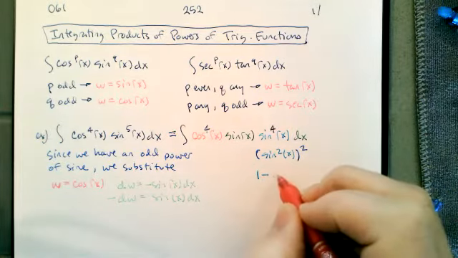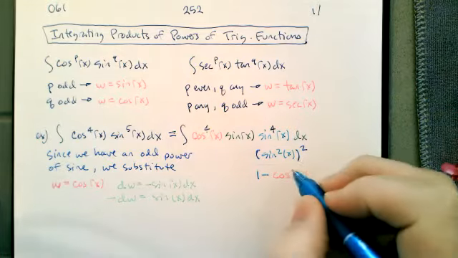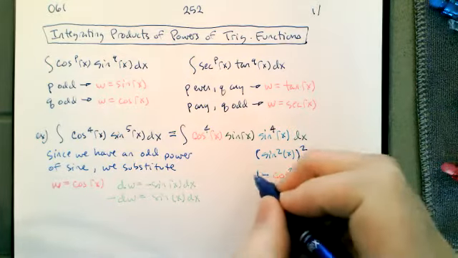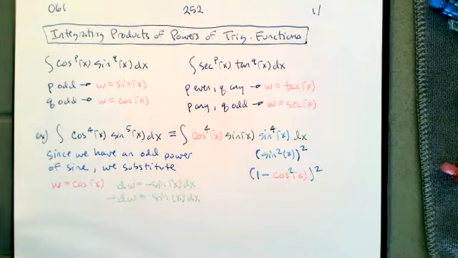And cosine is going to be the w, so that's how the substitution breaks down. We're always looking to have an even power of the one that we're not substituting, and we're going to use Pythagorean identities to convert those.